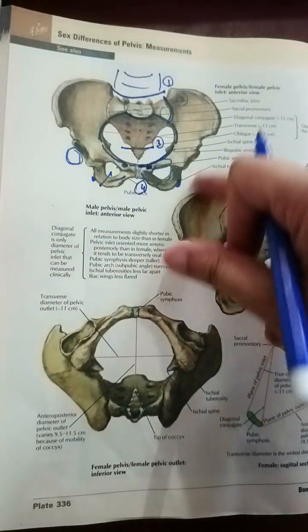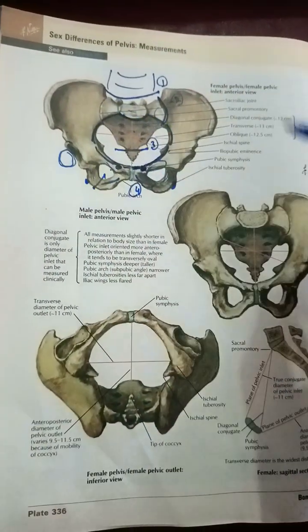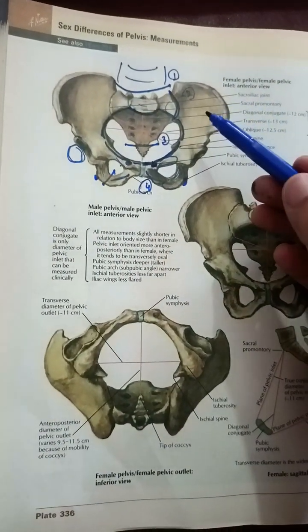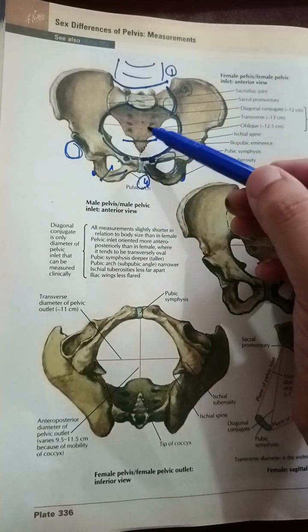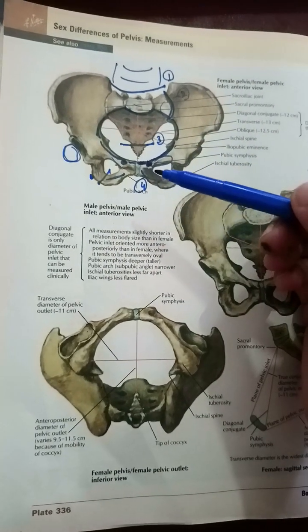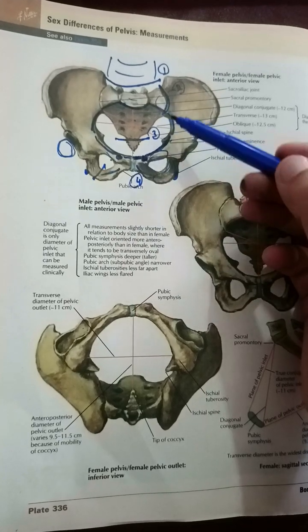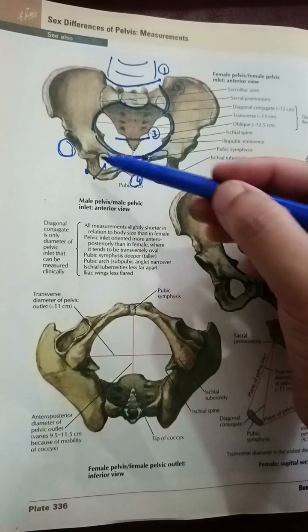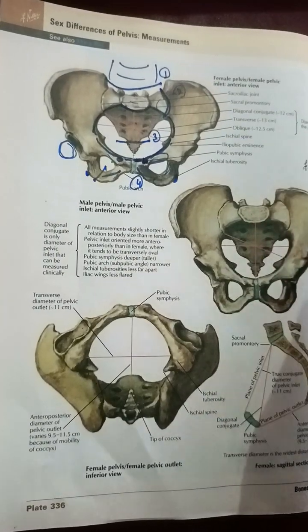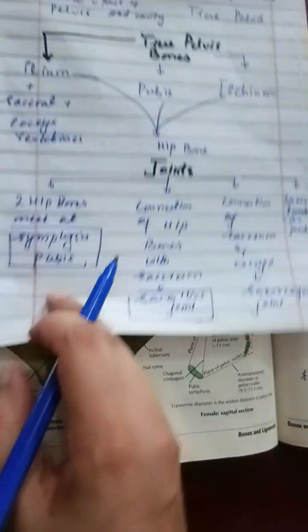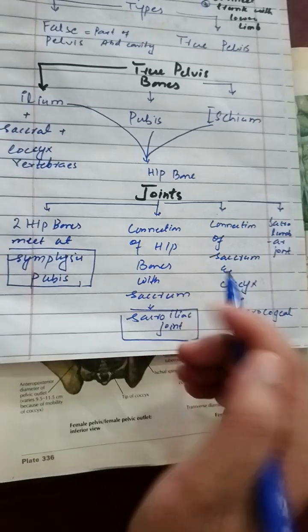There are four joints in this bony pelvis, and there are three basic bones: the hip bones, the coccyx, and the sacrum. And there are some landmarks which form the pelvic brim. We have discussed all these things, and now we are going to see it from this sketch.